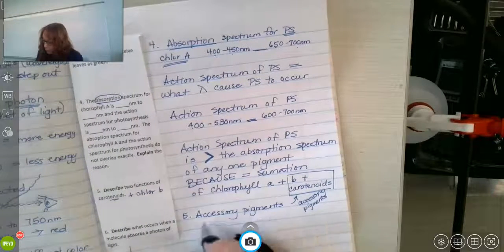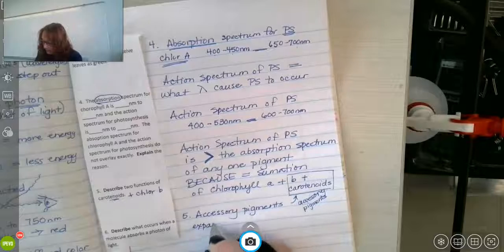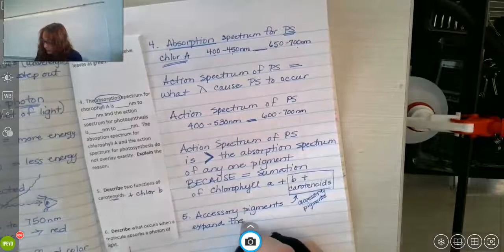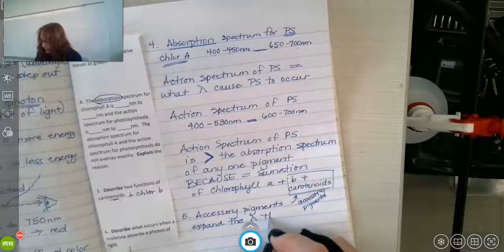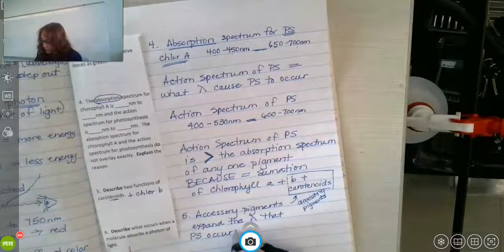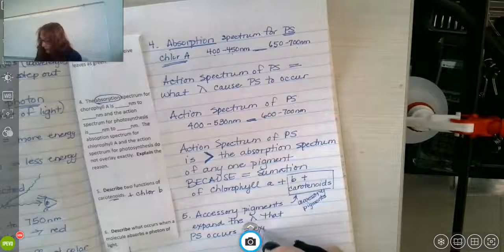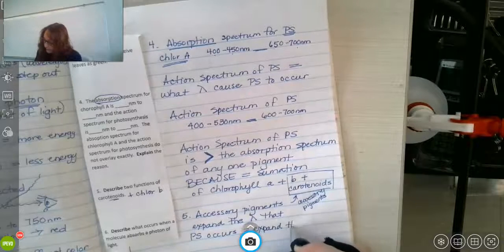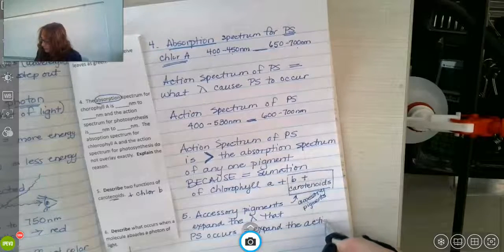So they're going to expand the wavelengths that photosynthesis occurs at, which means they expand the action spectrum.